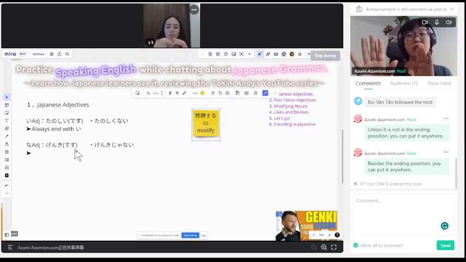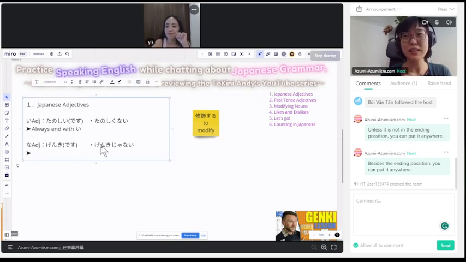So this is an X is Y sentence, and the adjective is used for this Y factor. 今日は楽しいです。昨日は楽しくなかったです。あずみさんは元気です。ゆきこさんは元気じゃないです。So if it's used as a predicate, then you don't hear na adjective.